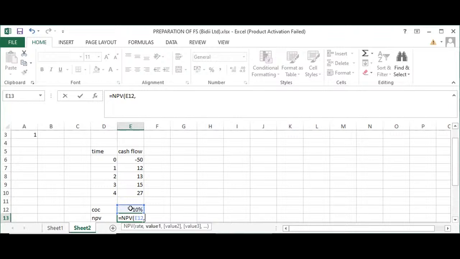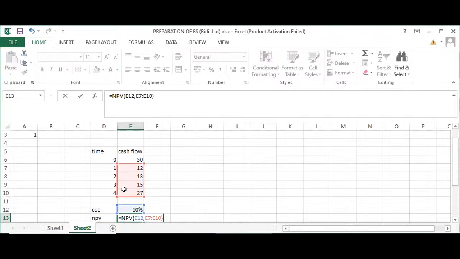And then from value 1, you highlight all of them. Then you close brackets.